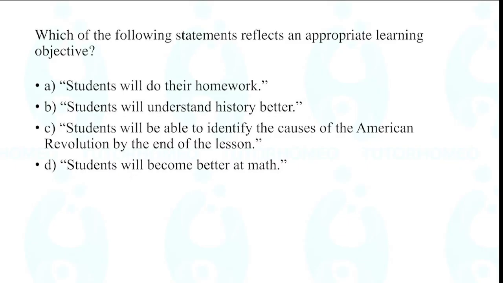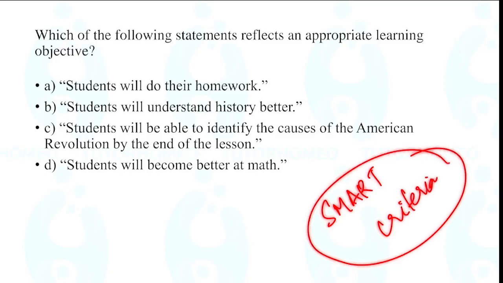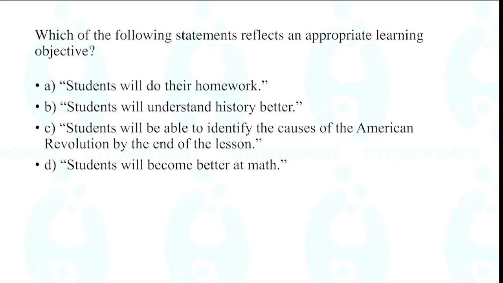See, an objective should be clear, specific and measurable, which is going to make it an effective learning goal. So which among these is an appropriate learning objective? Students will be able to identify the causes of the American Revolution by the end of the class. This is a very appropriate learning objective, following the SMART criteria.